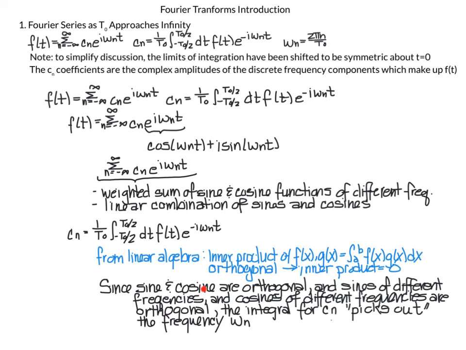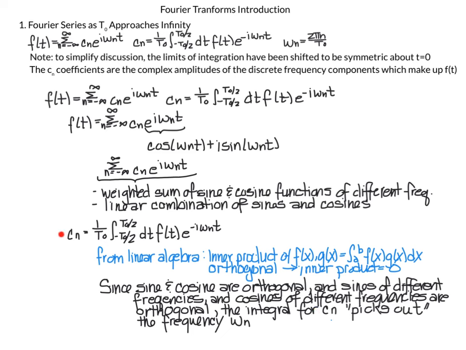Now, since sine and cosine are orthogonal, and that's something we had discussed in a previous video when we were talking about Fourier series, and we also saw that sines of different frequencies and cosines of different frequencies are orthogonal. This integral for Cn picks out the frequency Wn.